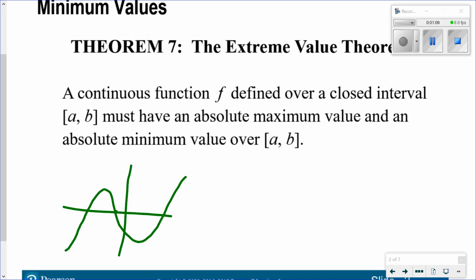And let's say that x value is -1, and that x value we'll call 4.